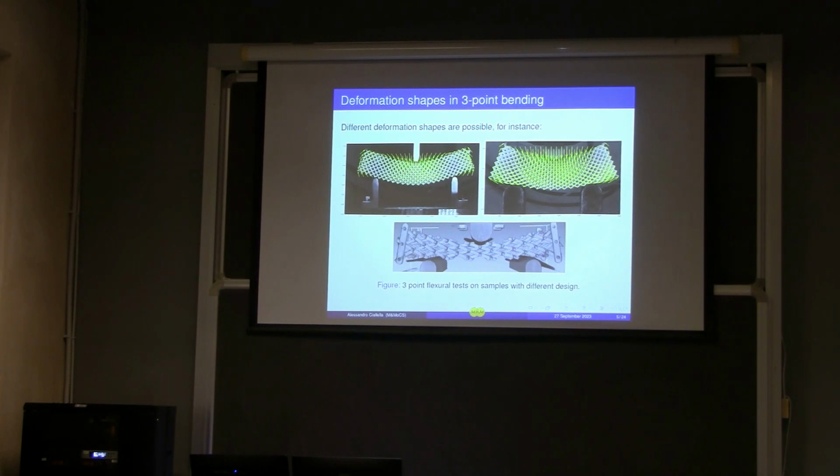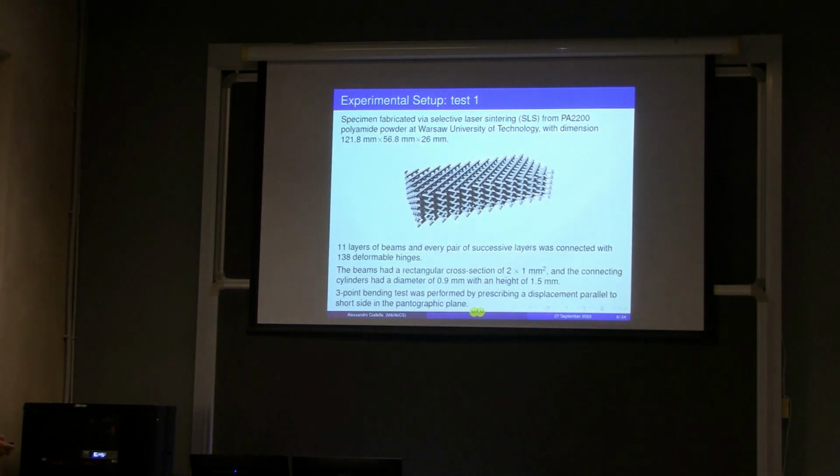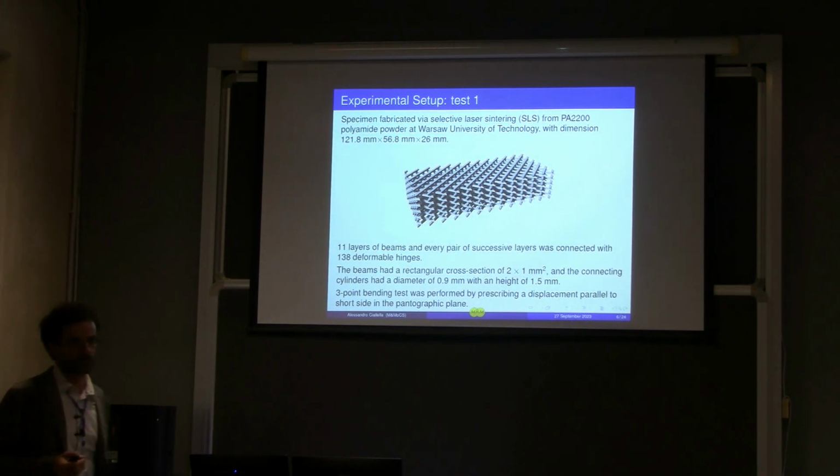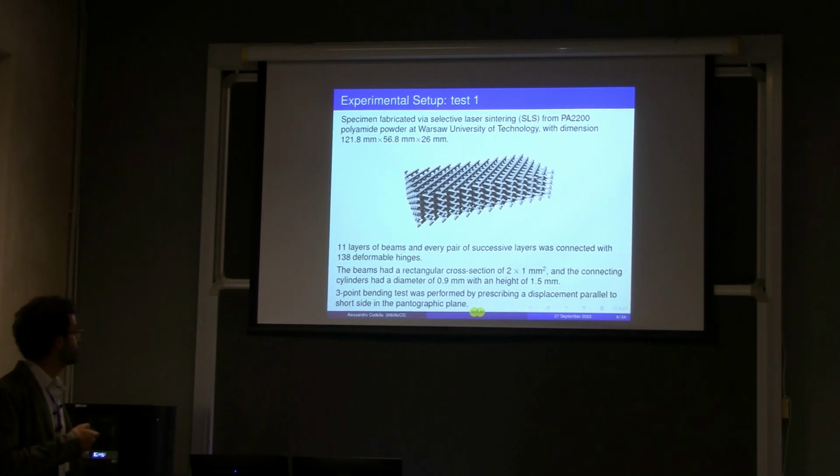We started studying this kind of tests, and what I'll talk about is essentially two tests. The first one is on this kind of specimen. This is the nominal geometry we used to 3D print the sample.